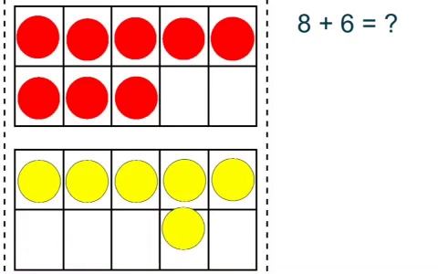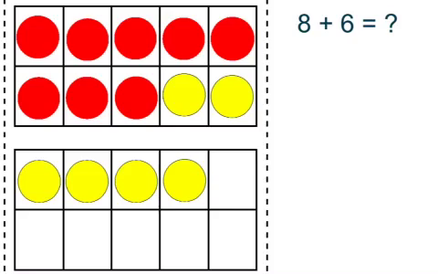I will take this one and put it here, and then I will take this one and put it here. Now I have one full 10 frame of 10, and my bottom 10 frame has 4. This makes it easy for me to see that I have 14 altogether, because 10 plus 4 is 14.